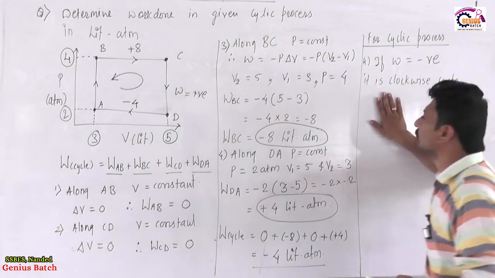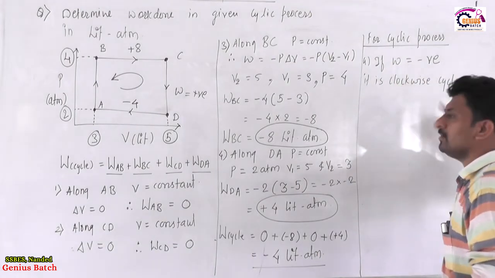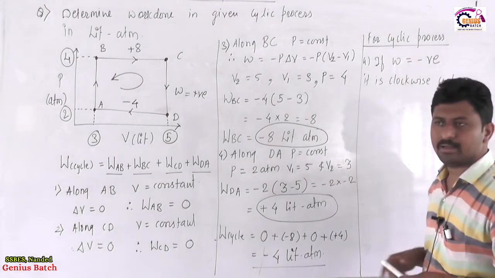So the conclusion we have is, if W is negative then it is a clockwise cycle, or if it is a clockwise cycle then work done is negative for it.